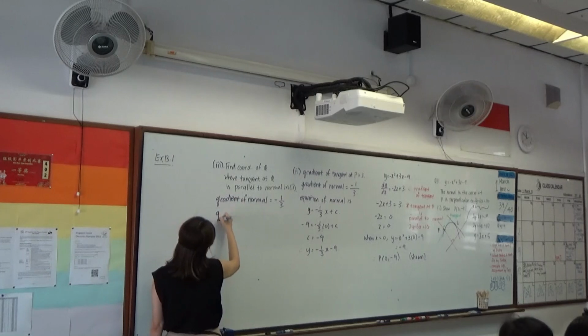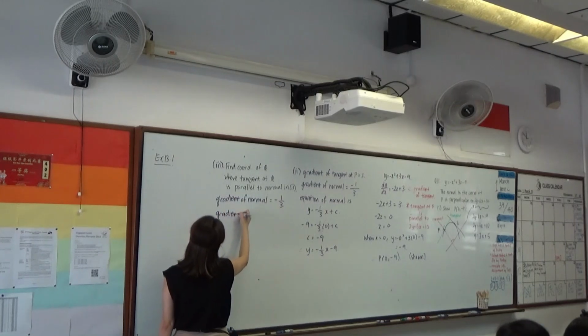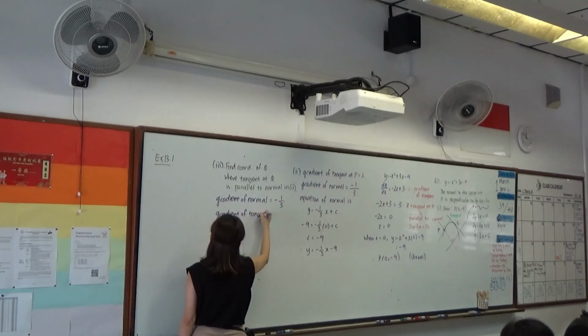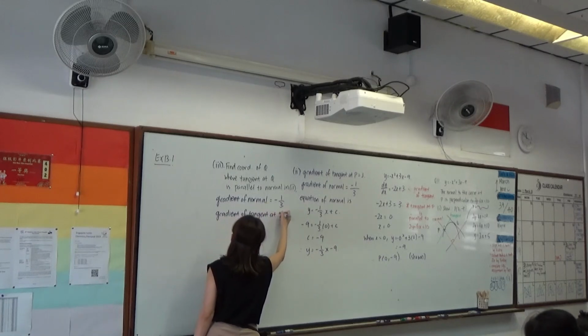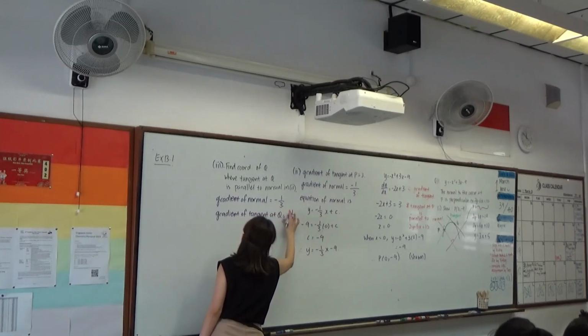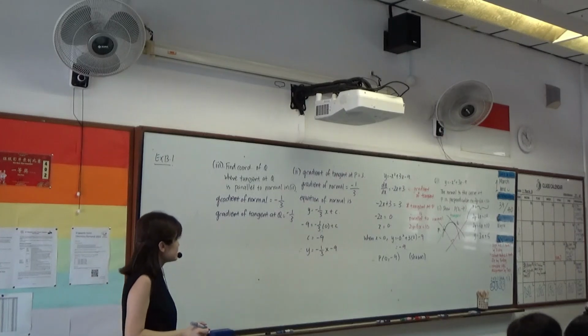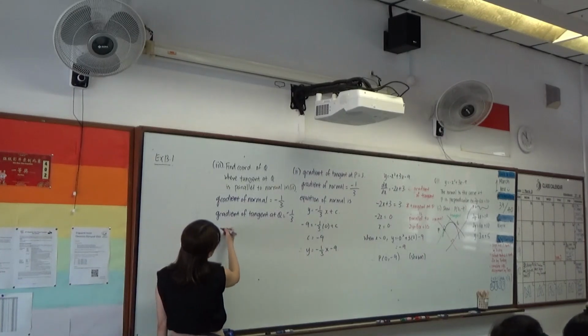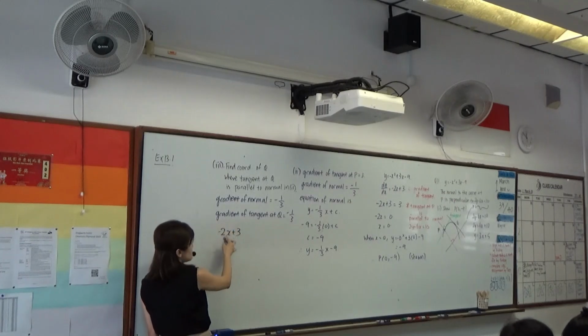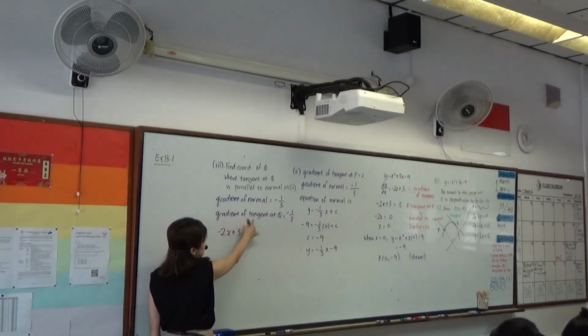That means that the gradient of the tangent at Q will also be -1/3 because they are parallel. The gradient of the tangent at Q will have to satisfy dy over dx, because dy over dx is the gradient of the tangent.